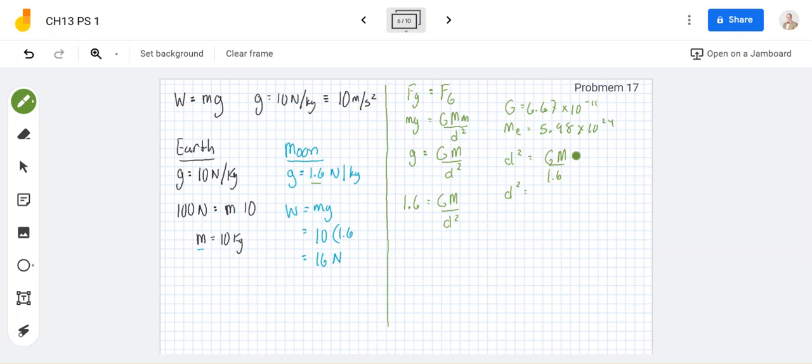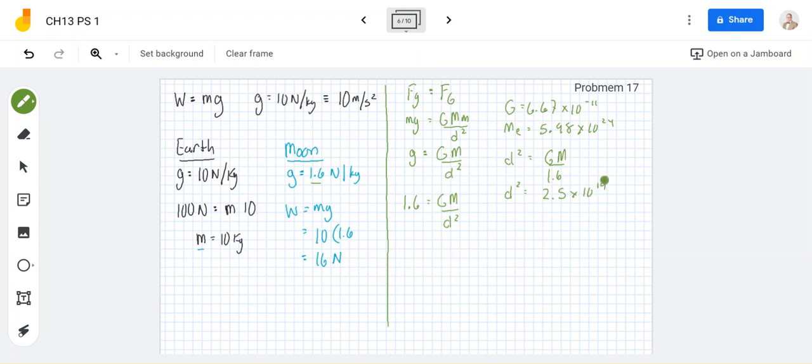All right, the handy dandy calculator. So d squared is equal to 2.5 times 10 to the 14.